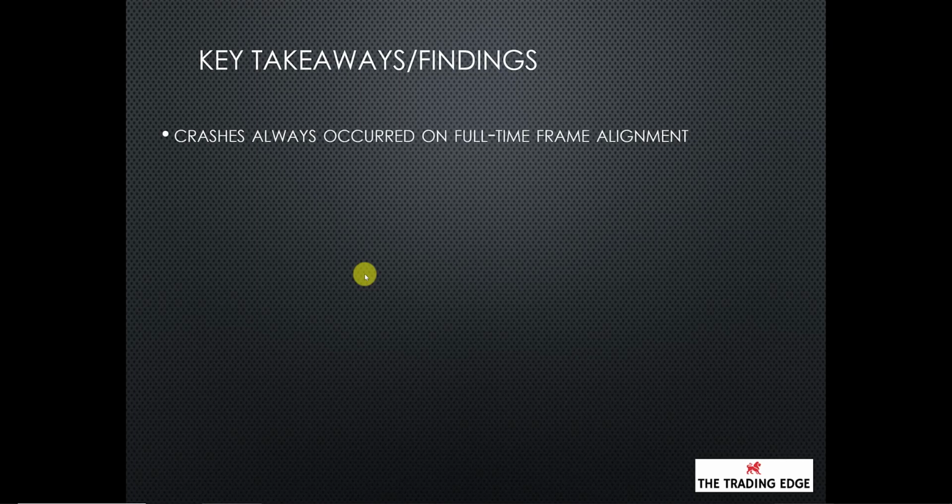Okay, next slide. Here are some things more around price action. So when I talk about a crash, this is when you have the actual steep selling, the big red days where price is going down 3, 5, 10% at a time. These crashes always occurred on full time frame alignment. When I say time frame alignment, it means across timescales, they were all red.